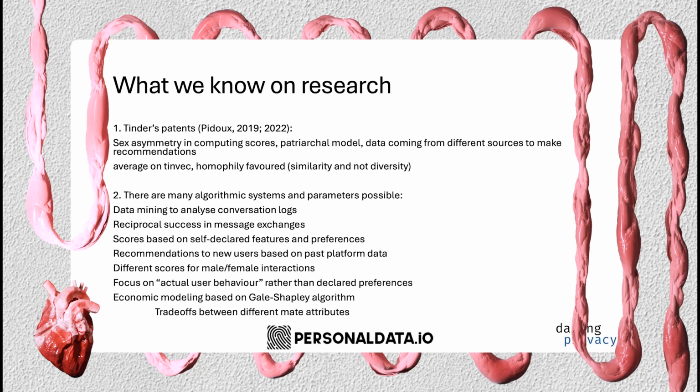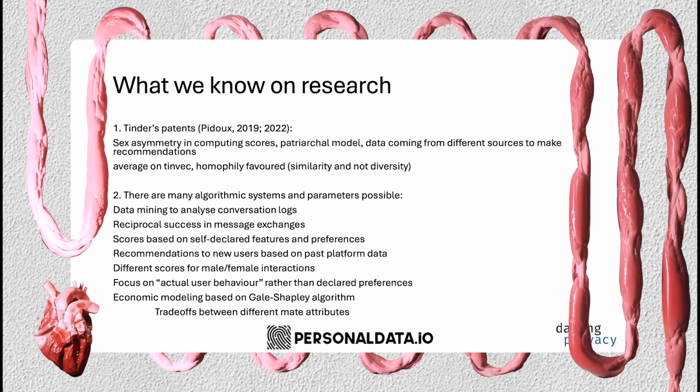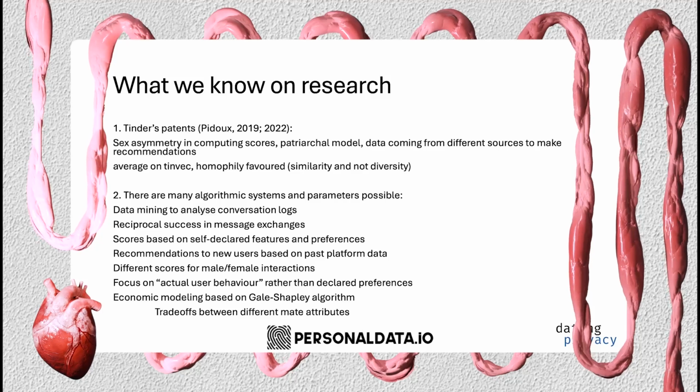We lack transparency about algorithms, but we know there are a lot of techniques that are used. And what happens is that it evolves constantly, because there's always new data produced, new users registering, other users leaving. So it's very complex to grasp what is happening behind to make your matches possible.